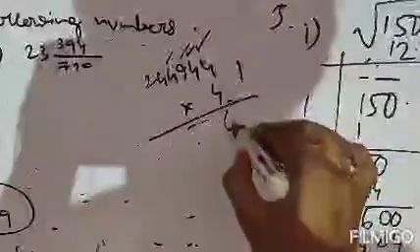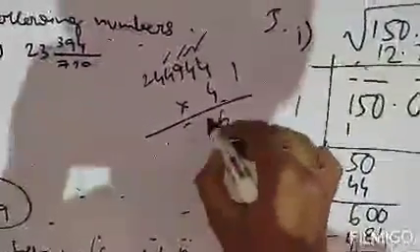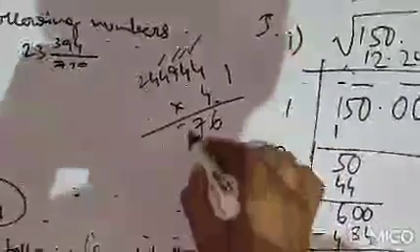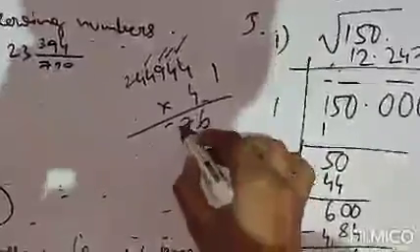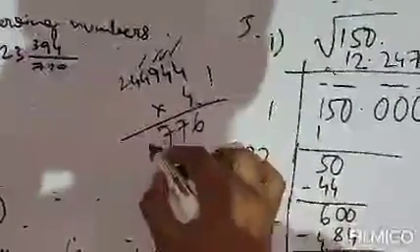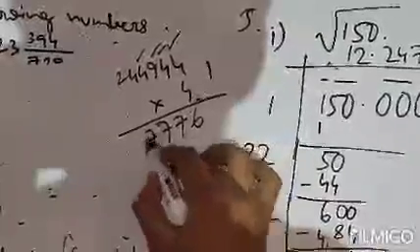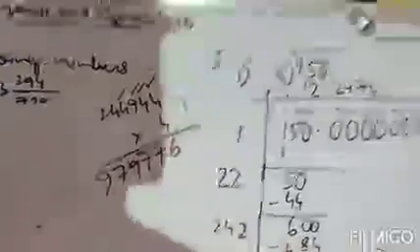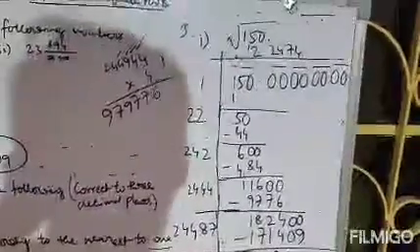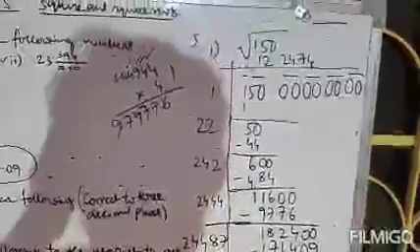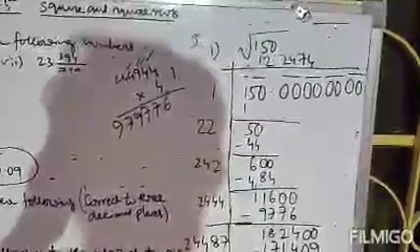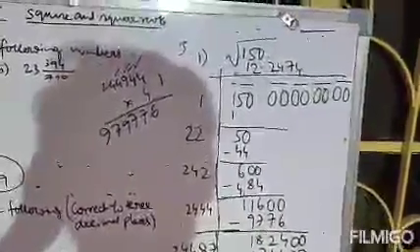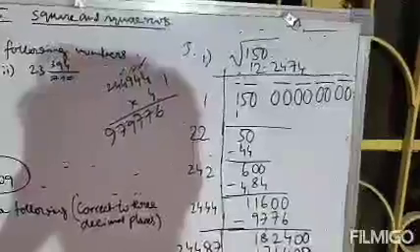So 4 4 are 16, carry 1, 4 4 are 16, 1s are 17, carry 1, 4 9s are 36, 1s are 37, carry 3, 4 4 are 16, 3s are 19, carry 1, 4 4 are 16, 1s are 17, carry 1, 4 2s are 8 and 1s are 9.